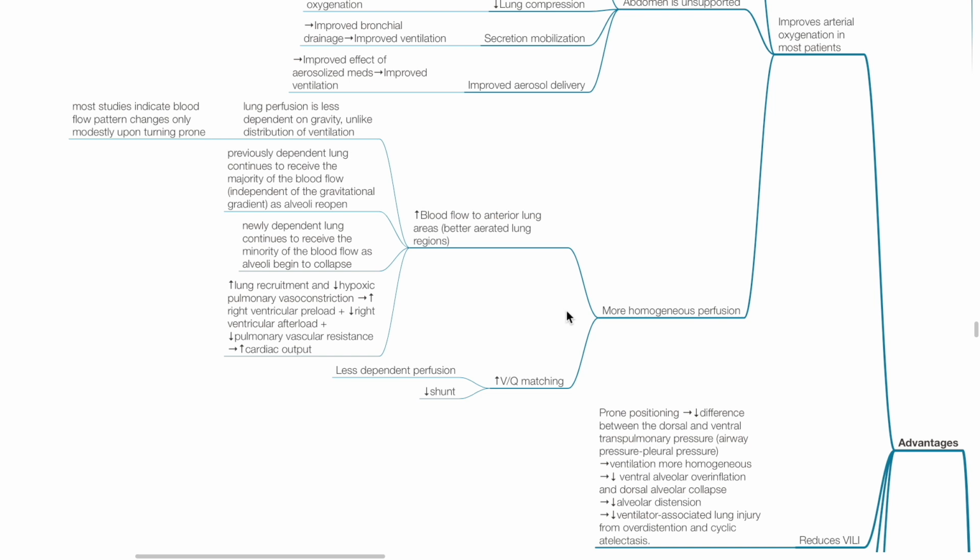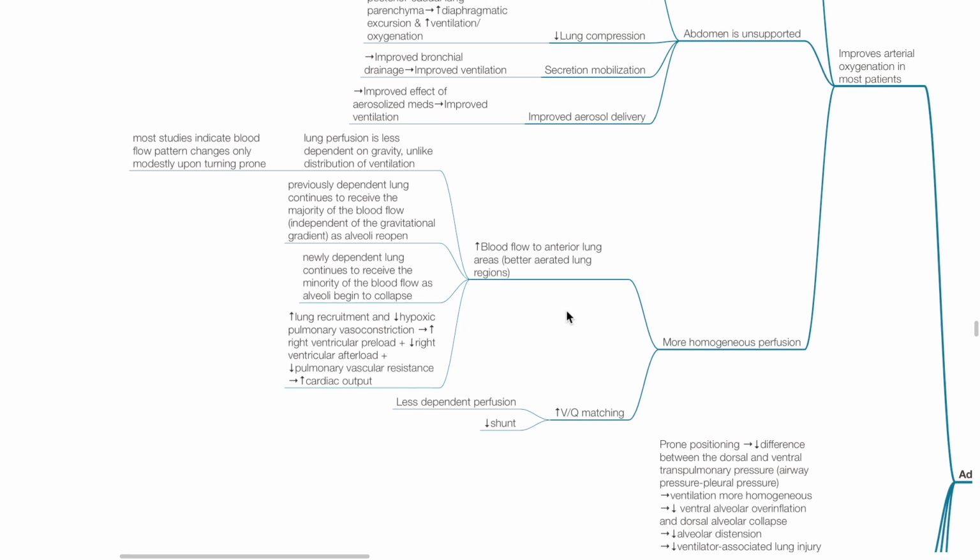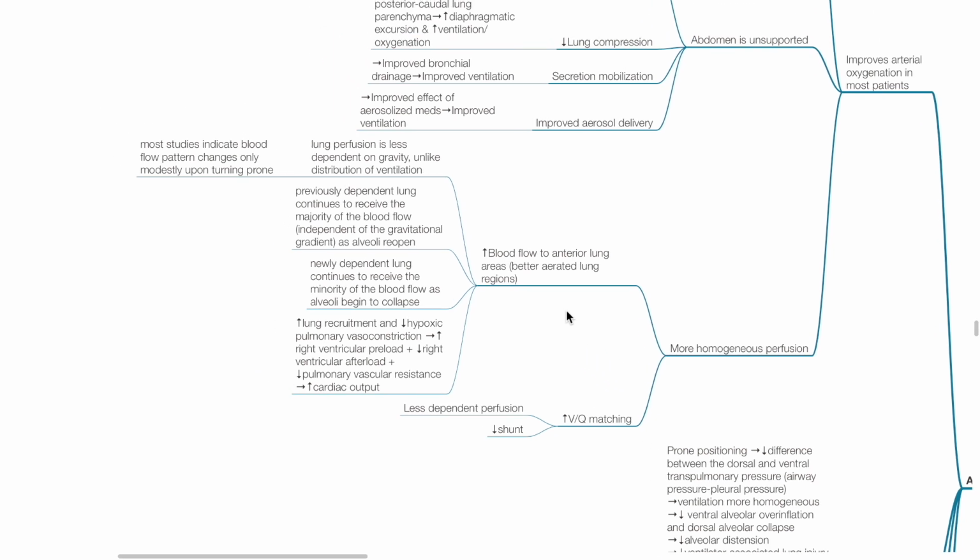More homogeneous perfusion. There is increased blood flow to the anterior lung areas, which are the better aerated lung regions during prone positioning. Lung perfusion has been shown to be less dependent on gravity, unlike distribution of ventilation. Previously dependent lung continues to receive the majority of blood flow, independent of gravitational gradient, as the alveoli reopen.